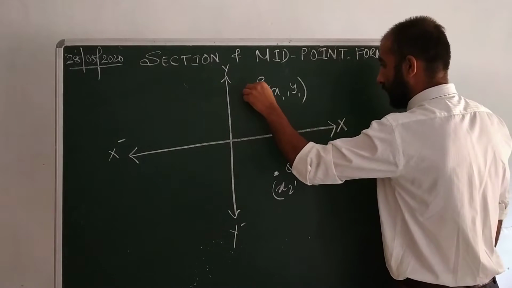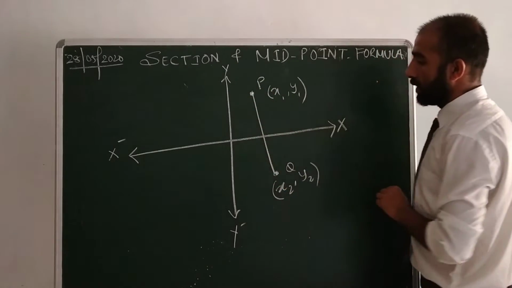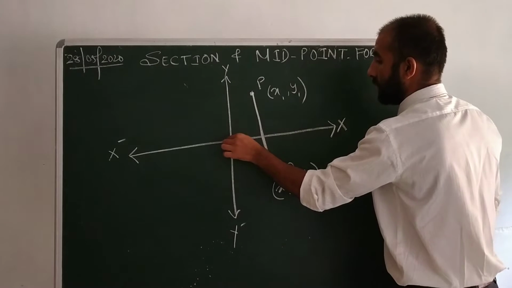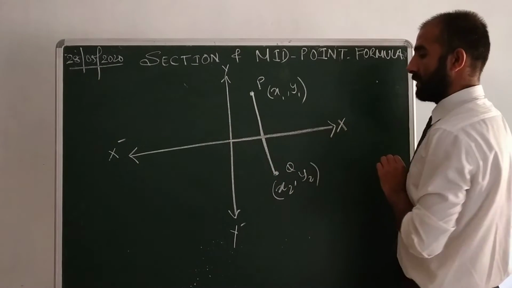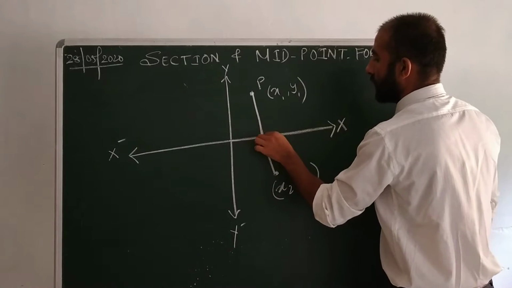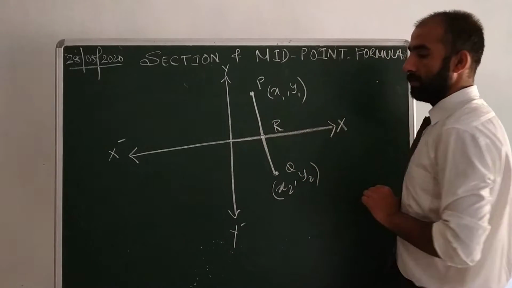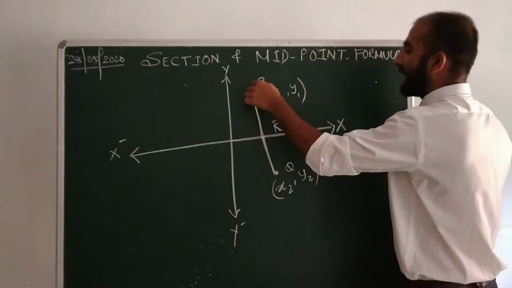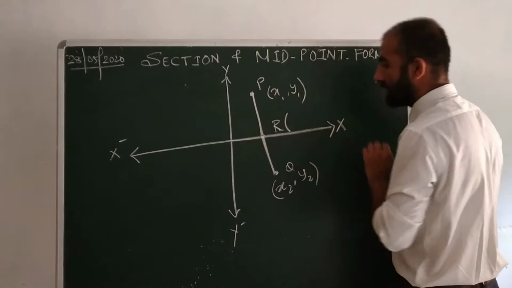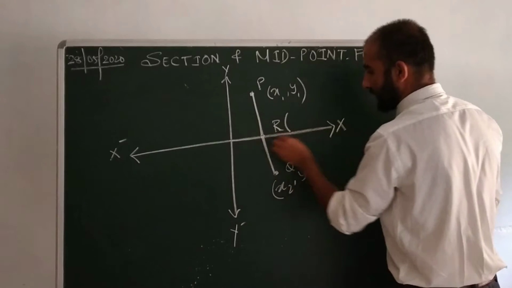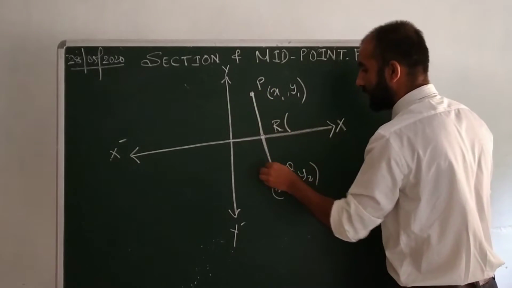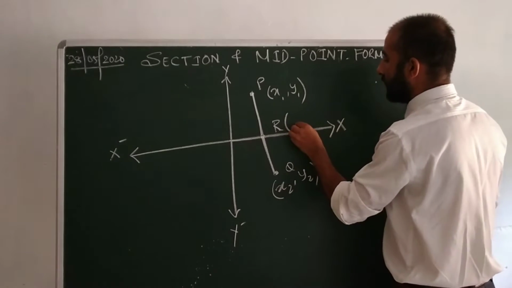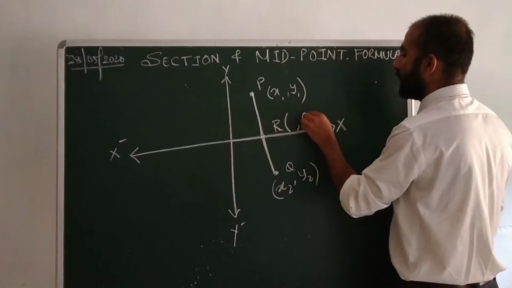If you join these two points, you get a line segment which is divided by the x-axis. Let this point be R. When a line segment is divided by the x-axis, always keep in mind that its y coordinate will be 0.